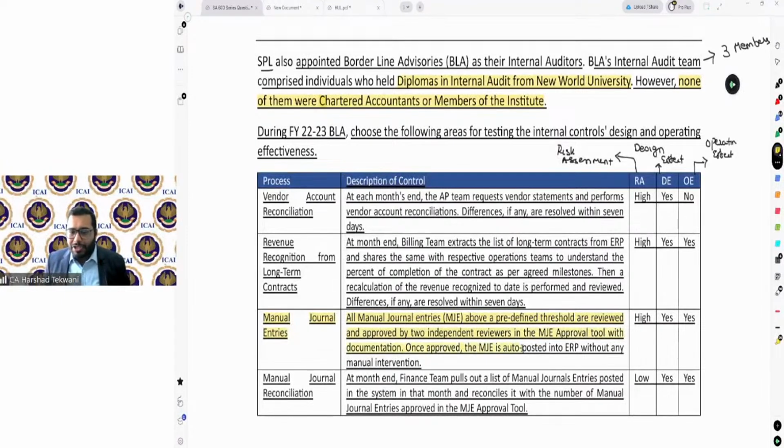Once approved, the MJE or manual journal entry is posted in ERP without any manual intervention, and they are saying that yes, it is appropriately designed and operating effectively. This operating effectiveness, as per the additional information, is based on 50 samples tested by BLA, and no observation was noted.